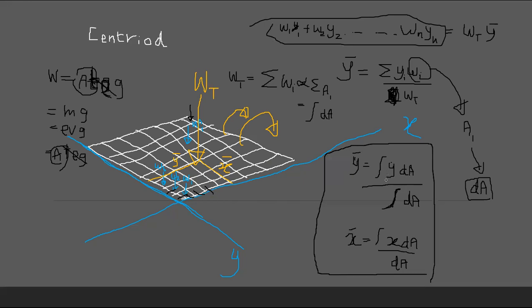If you have some complex shape, the summation of the moments about its centroid for each element will equal the moment from the whole area. The moment is the whole area multiplied by the distance to the centroid, right?